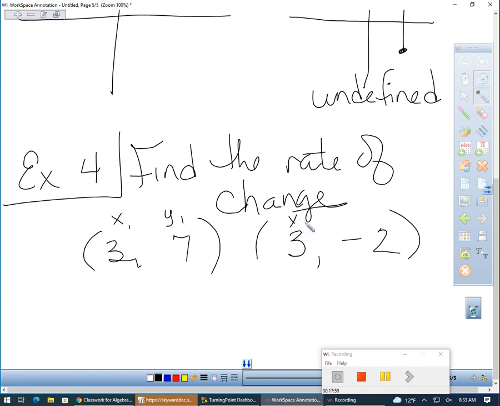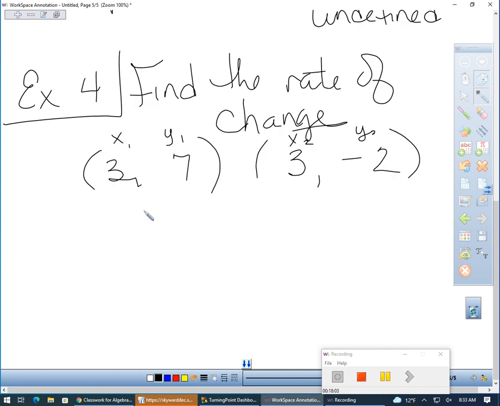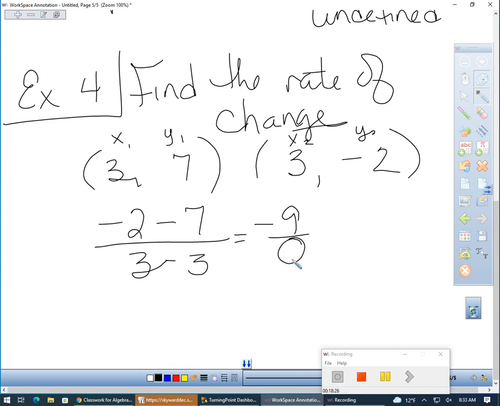This is my x2, y2. So y2, which is -2, minus y1, which is 7, over x2, which is 3, minus x1, which is 3. So -2 minus 7 is -9. 3 minus 3 is 0. So what does this mean? Undefined. Thank you, Devin. This is undefined.